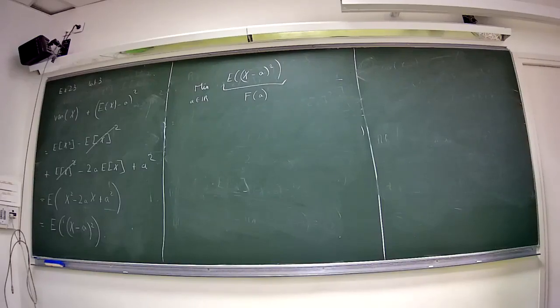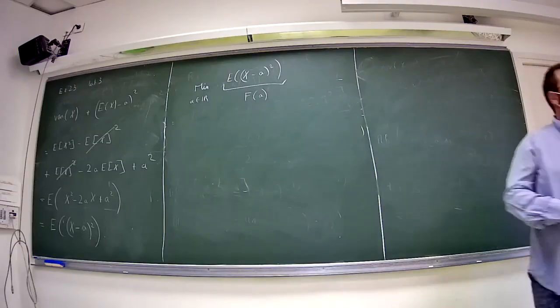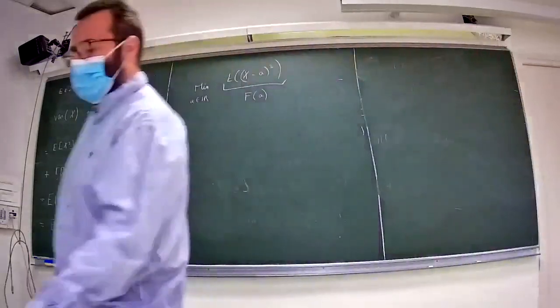So minimizing this one is equivalent to minimizing the last one. For the last one, it's the expectation of X minus a, squared. So I have to minimize something that always takes positive values. If I prove that there is one point at which it is equal to 0, I will have my minimum. And it is so for a equal to the expectation of X.